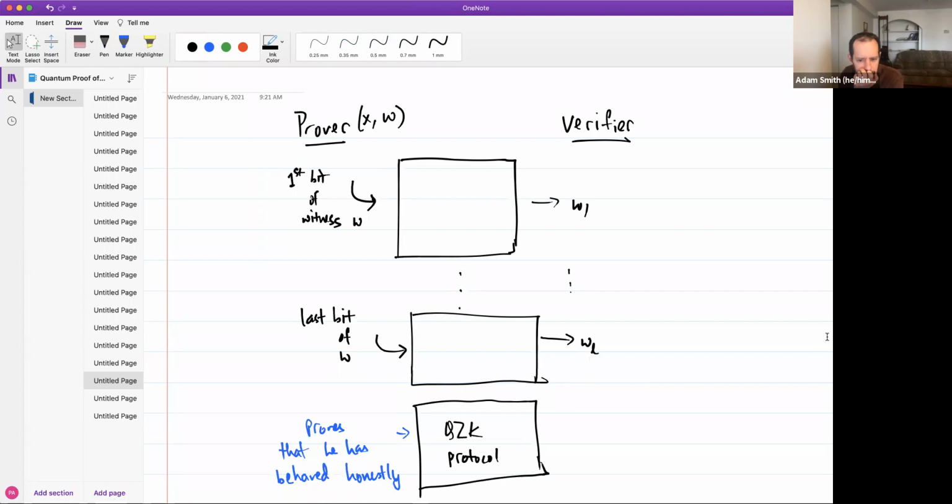There's some original relation that the prover is trying to prove. Does that also enter into the final proof? Yeah, so when he says he has behaved honestly, he will be proving that he actually put the witness in these protocols, and the witness satisfies the relation. This goes back to John's question, what if you put both random values?